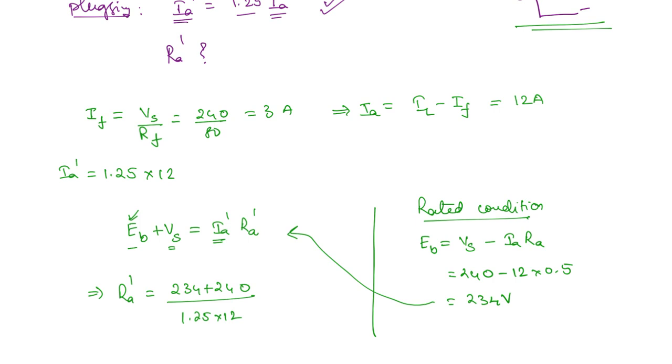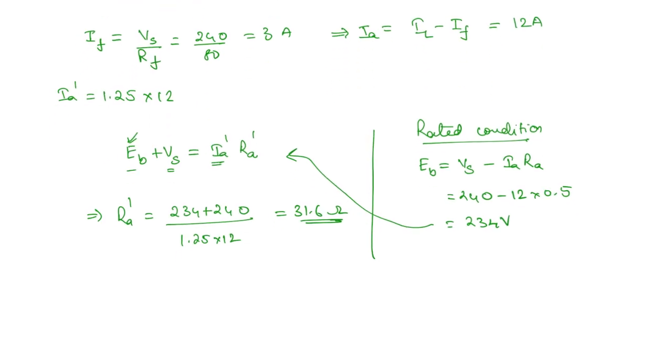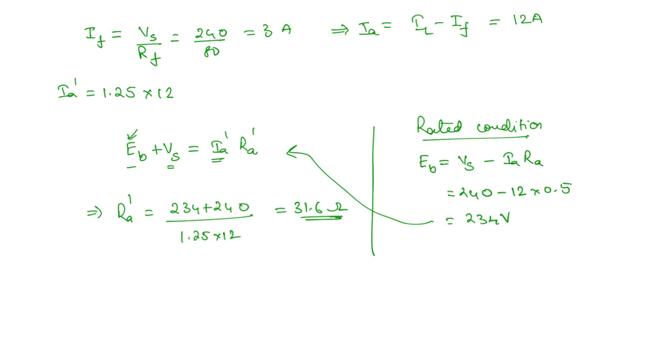If you calculate this, you're going to get 31.6 ohms. Now the question is, what is the external resistance value? So we have to subtract the armature resistance from this RA dash. We are going to get RA plus R external is equal to RA dash, which means R external is 31.6 minus 0.5, which is 31.1 ohms.